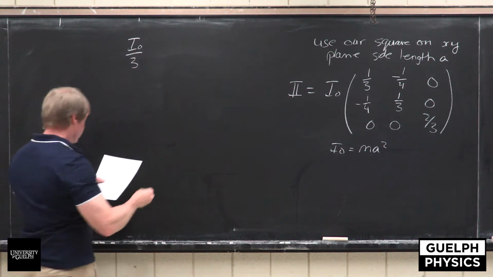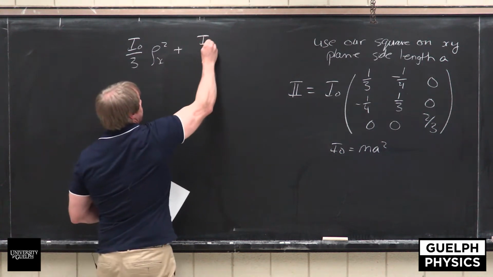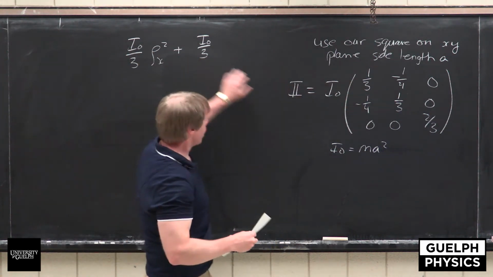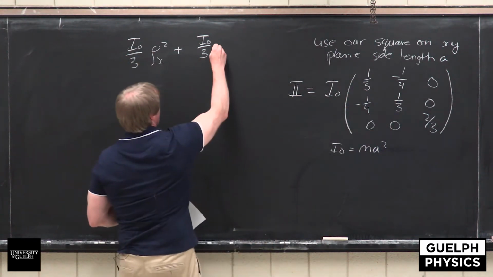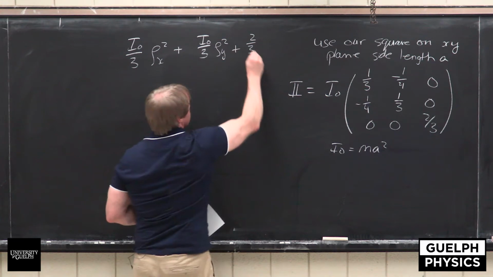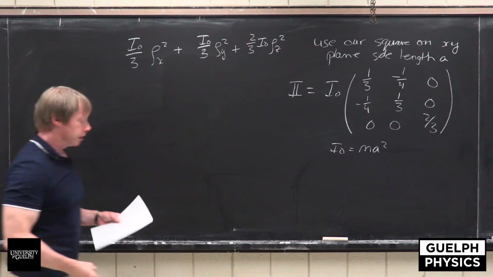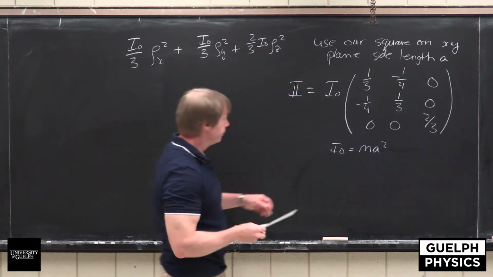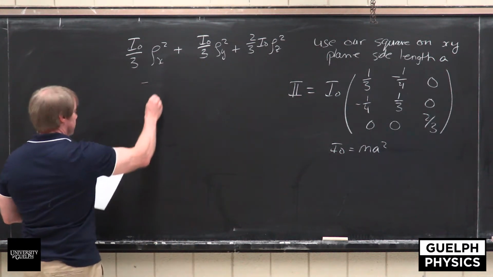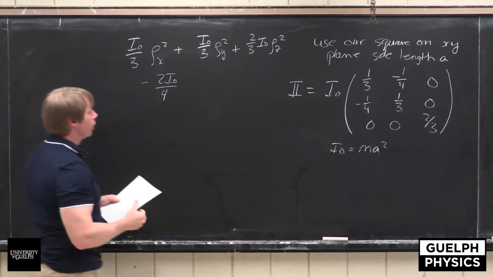So it's I naught over 3 rho x squared, I naught over 3, so this is Ixx, this is Iyy, rho y squared, and then there's 2/3 Izz rho z squared, and then we have minus two I naught over 4.